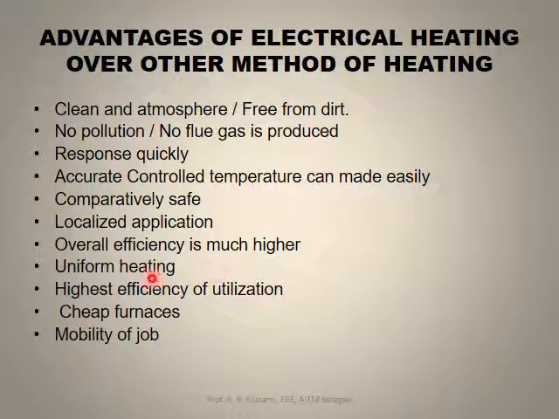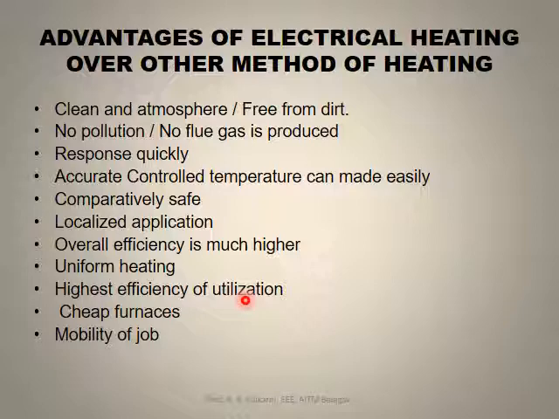So the losses associated with electrical heating will be less as compared to various other methods. Uniform heating, so it will produce uniform heating throughout the surface. Highest efficiency of utilization. The efficiency of electrical heating will be more than 90% as compared to the other methods of heating. In case of thermal plants, the efficiency will be around 20 to 30%.